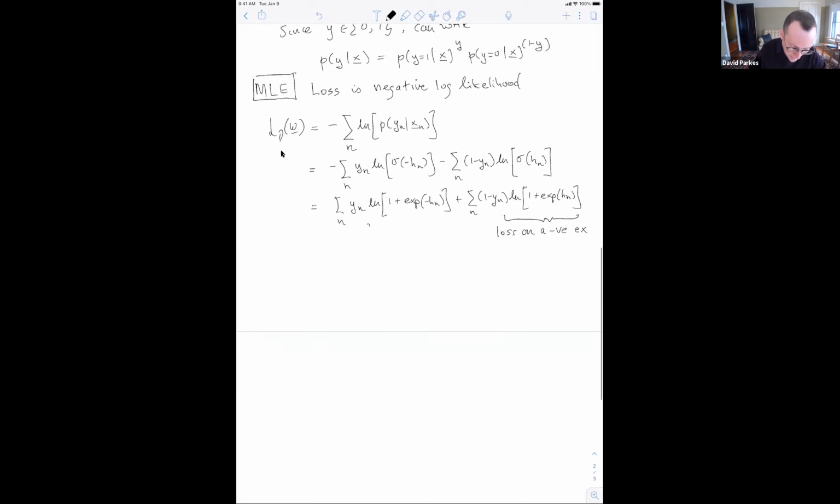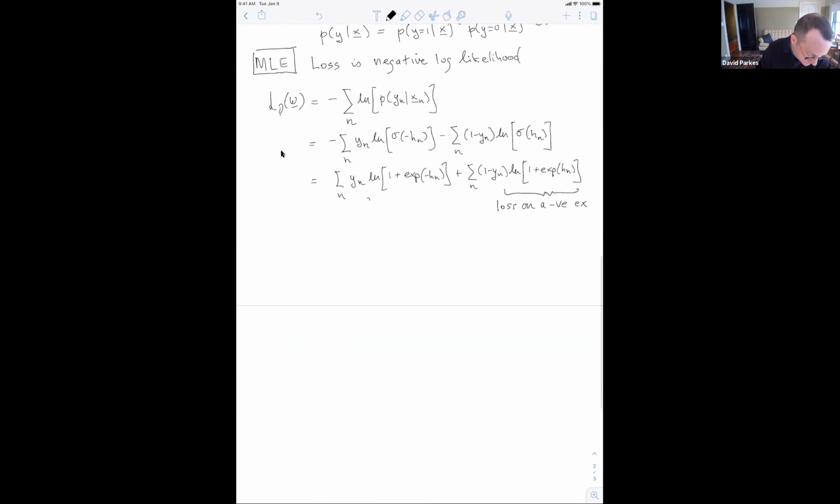And so we can draw a picture of what that loss looks like. And again, this is for a negative example. And this connects what we've just done with what we did on Thursday of last week. Remember we had our 0-1 loss function that looked like this.